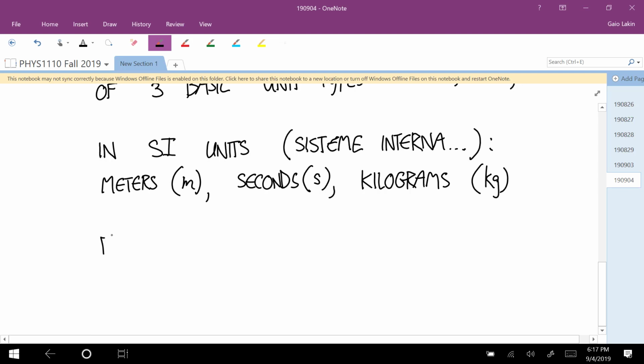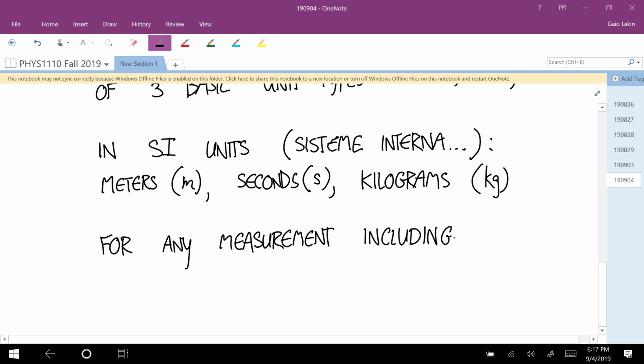So for any measurement, including units, think of that measurement as a number times one of these unit things. Like if you figure out that from here to here is 10 meters, it makes sense if you think about what it means to think of that as a multiplication. You're going to take the number 10 and you're going to have 10 of these 1 meter units.